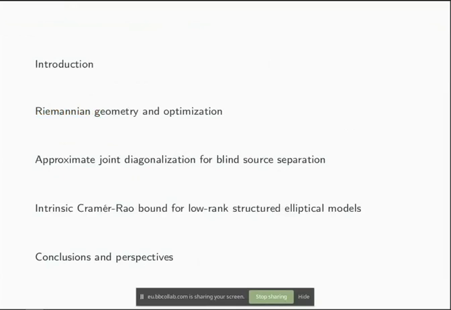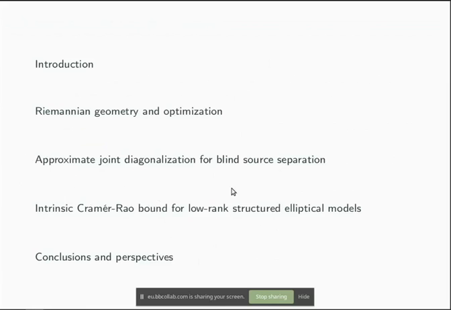Okay, so here the outline. So first I will talk a bit about Riemannian geometry and optimization to introduce what it really is. So in particular, I won't present optimization in the examples below, so it will be the only introduction I will give. And then I will show you two examples.